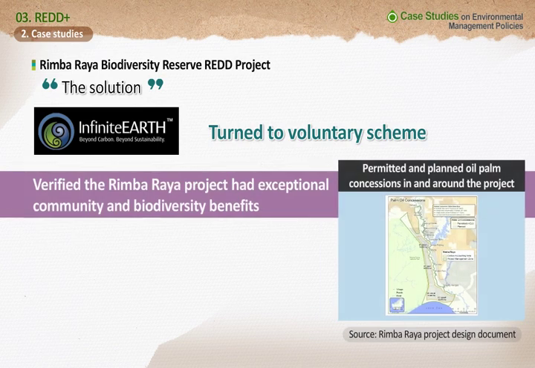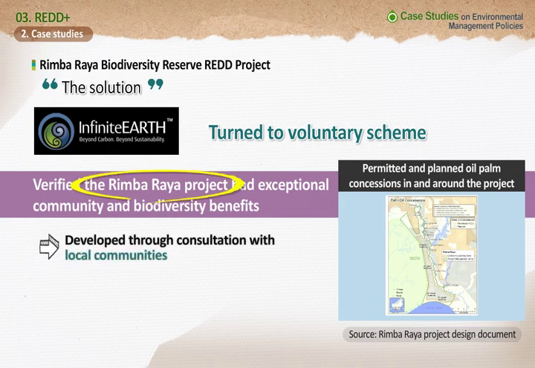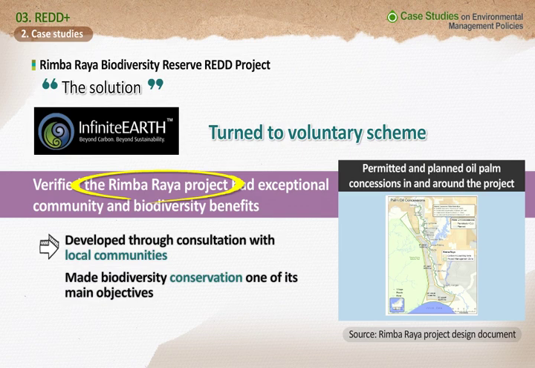The scheme verified that the Rimba Raya project had both exceptional community and biodiversity benefits. This was because the project had been developed through close consultation with local communities to ensure it reflected their needs, and because it had made biodiversity conservation one of its main objectives. The project is clearly multi-purpose and not just aiming to protect and enhance forest carbon stocks.